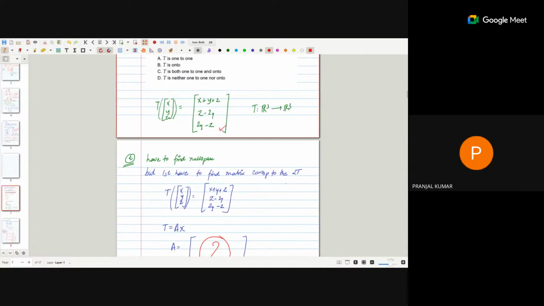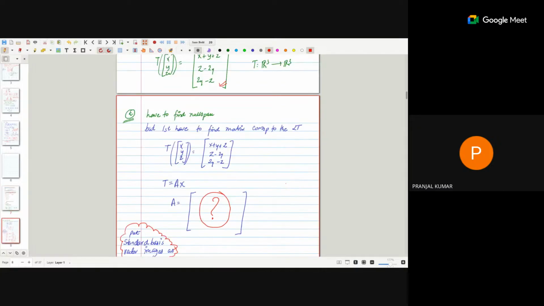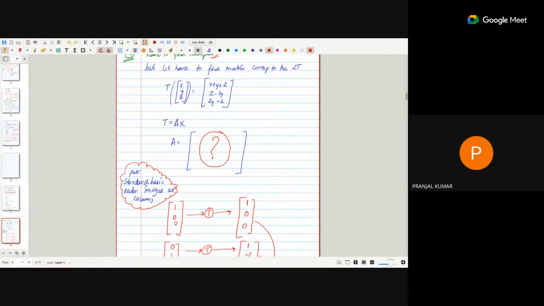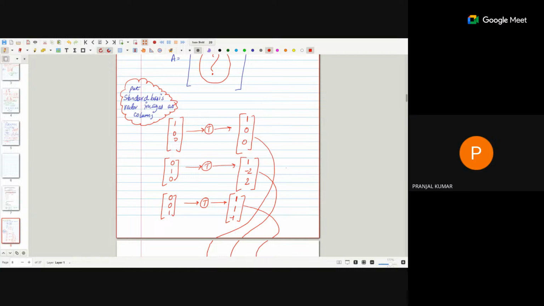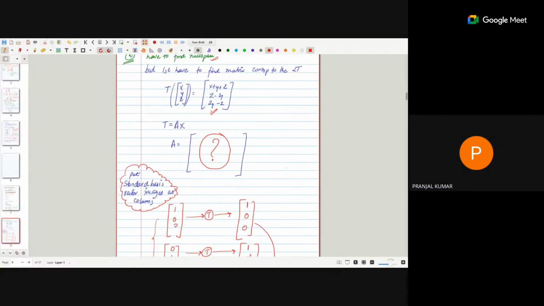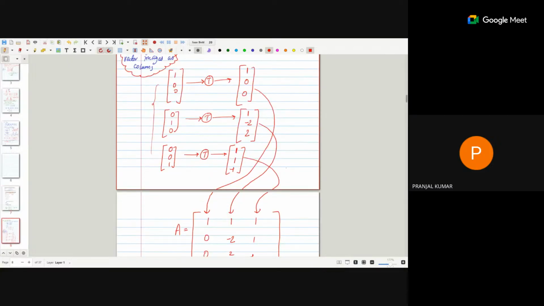This is your linear transformation. Now we have to find the null space. But first we have to find the matrix corresponding to this linear transformation. So we took the standard basis vector set for the input space, which is your R3. Then we applied the linear transformation and found its images.